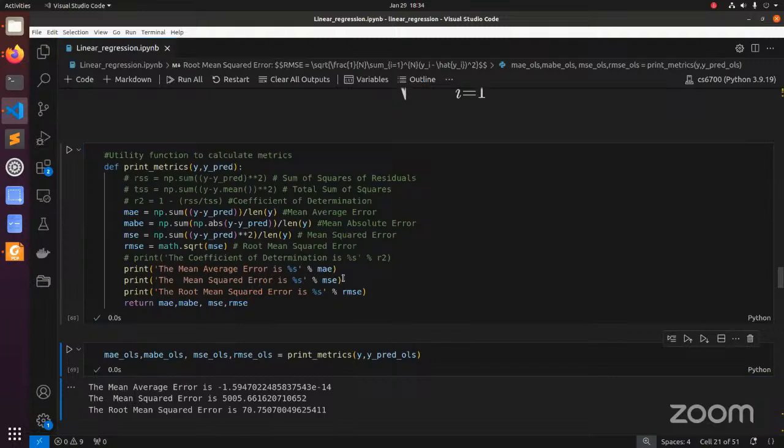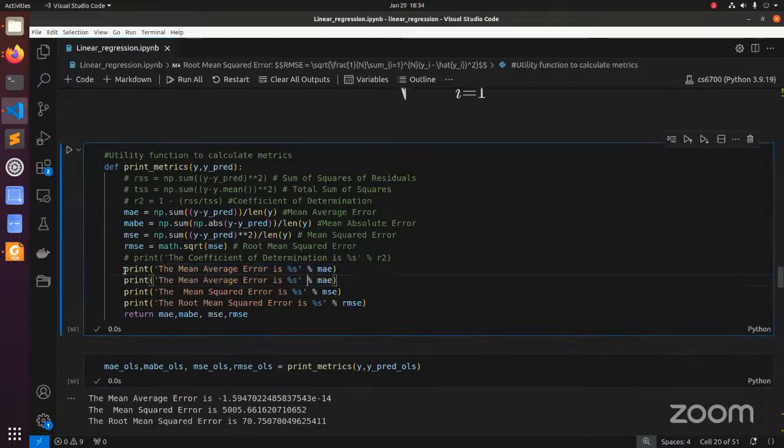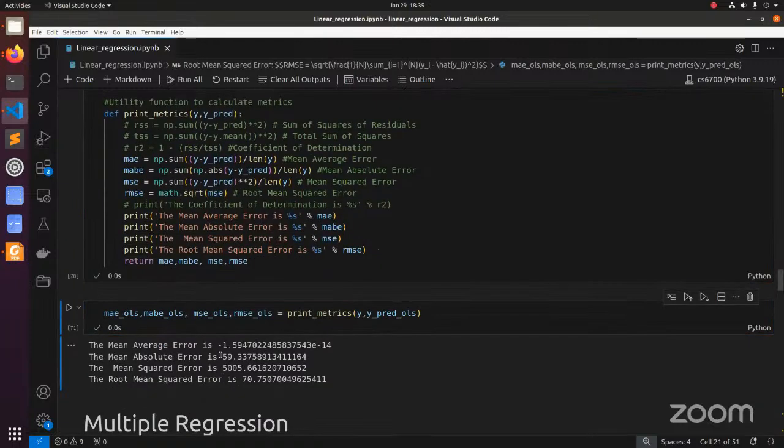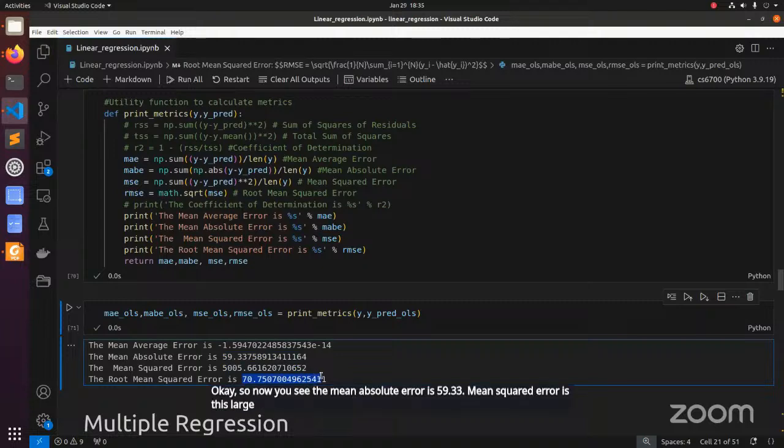Okay, I see. Okay, so now you see the mean absolute error is 59.33, mean squared error is this large, and our root mean squared error is this much, and mean average error is a very low number.